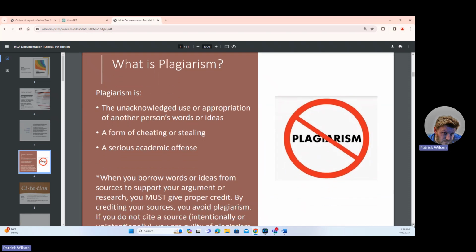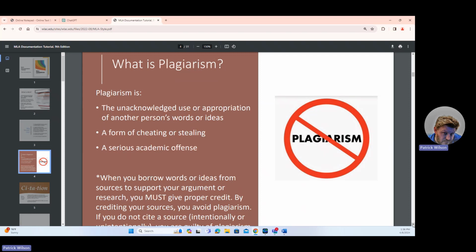So what is plagiarism? You've probably heard of this. If you had K through 12th grade, high school, public or private, you should have heard this at some point. You might have heard it at another college if you had some college classes. It is the acknowledged or unacknowledged use or appropriation of another's work, words, or ideas.